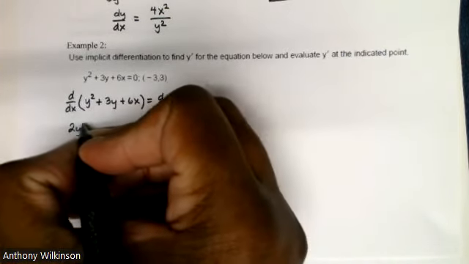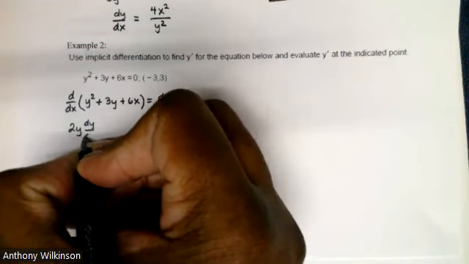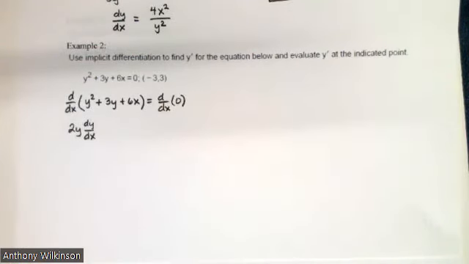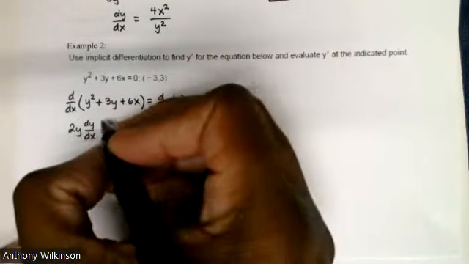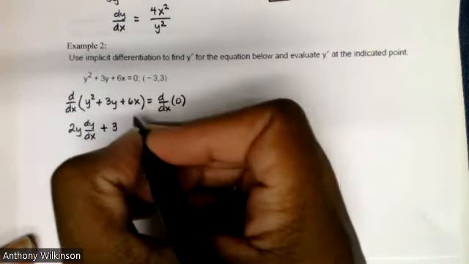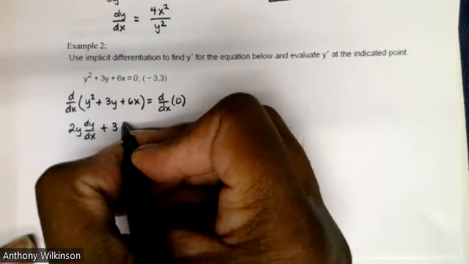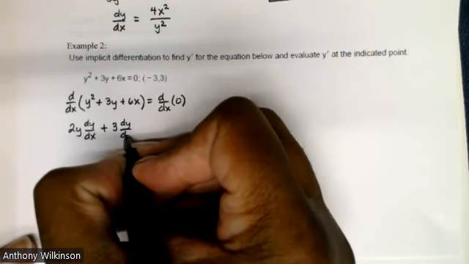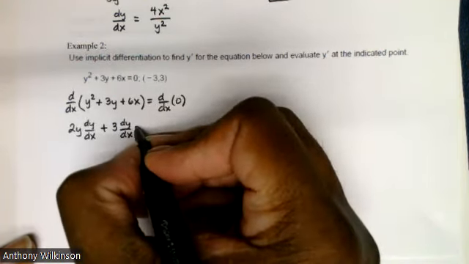But since I'm taking the derivative of y, I must include dy dx, because again, I'm assuming that y is going to be some differentiable function in terms of x, plus the derivative of 3y would just be 3. Again, I'm taking the derivative of y, so I need to include dy dx.